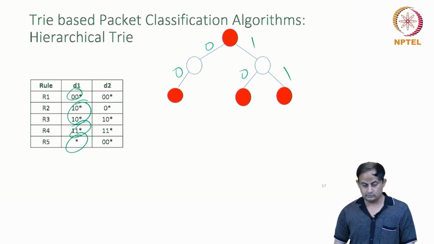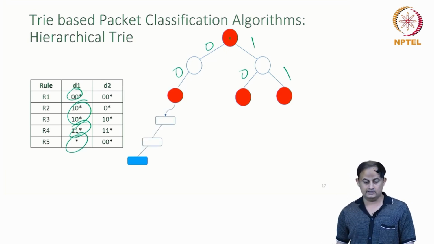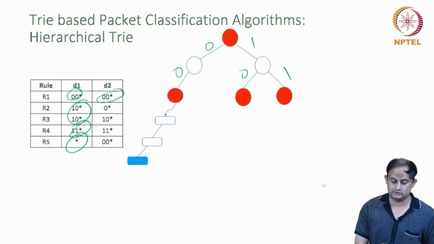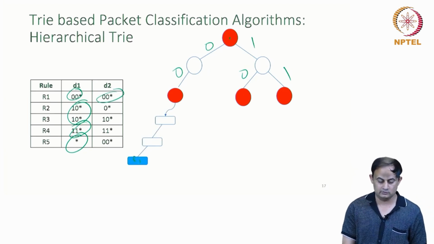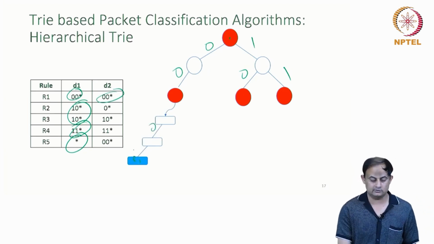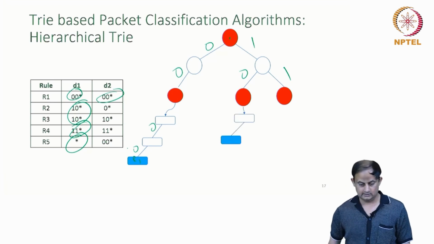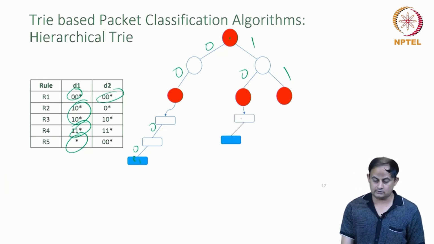So one dimension is complete, and for the second dimension, take the first rule. This is 0 0 star, this is the rule R1. So this is 0, this is 0, and 1 for the 1 0 combination.